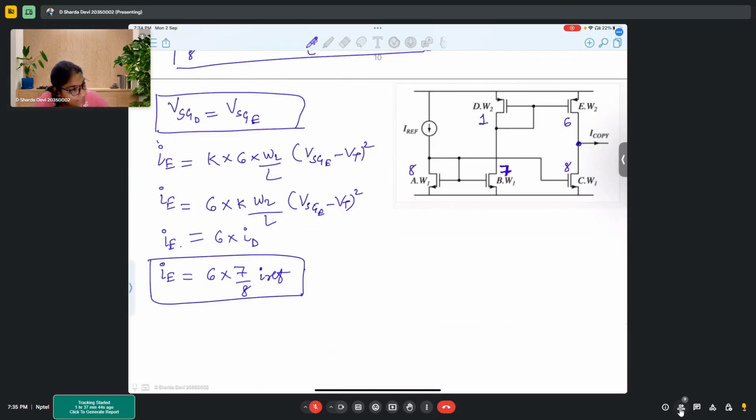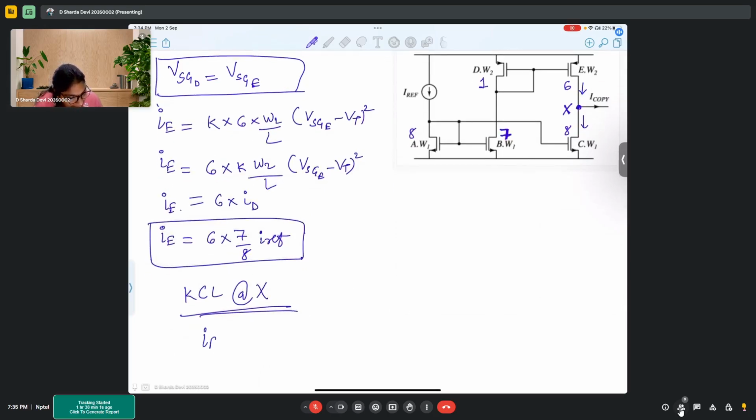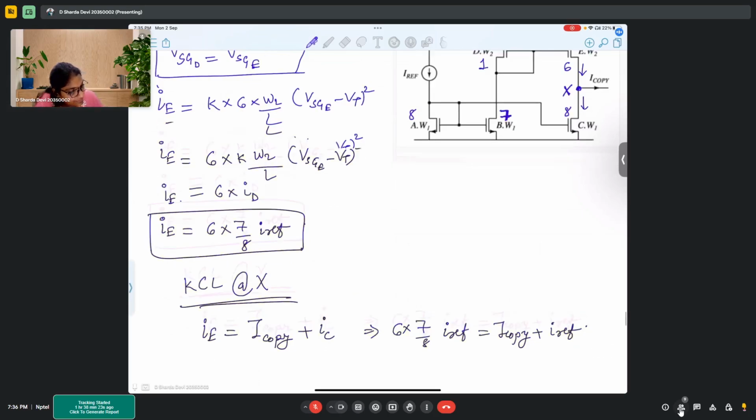Now if I apply KCL at X, I see that IE equals I copy plus IC. So 6 into 7 by 8 IREF equals I copy plus IREF.